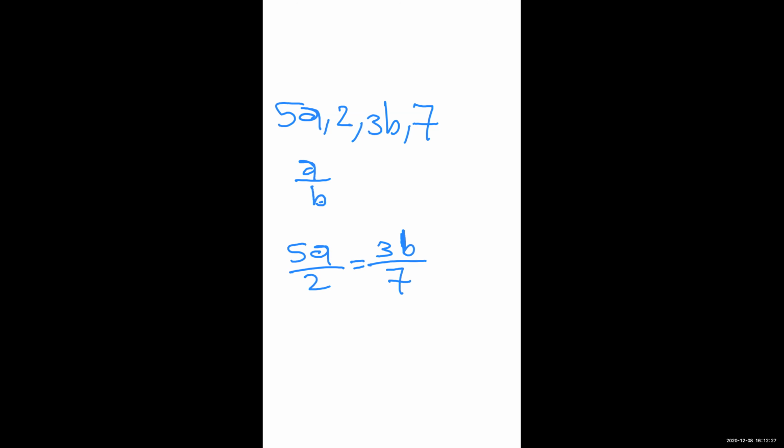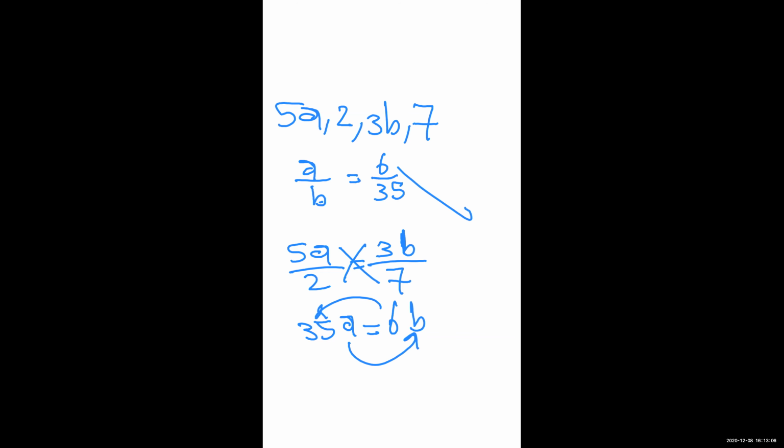I want to get A over B. Now it's very simple, cross multiplication. So 5A times 7, 35A equals 2 times 3, 6B. So A over B will equal 6 over 35. So the right choice is 6 over 35, which is the second choice. So 8B.